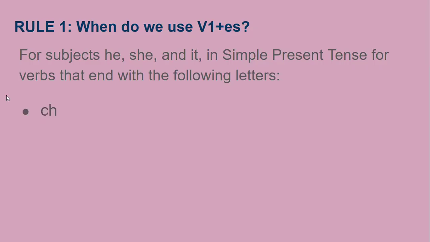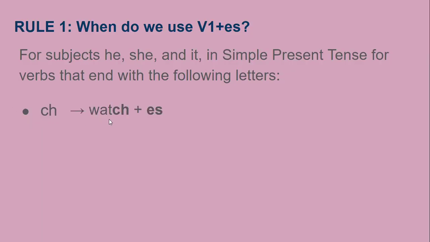Firstly, any verb that ends with the letters C, H. So C followed by H. What do we do? We have to add ES at the end of that verb. Remember, that's for subject he, she, it, and in the simple present tense.